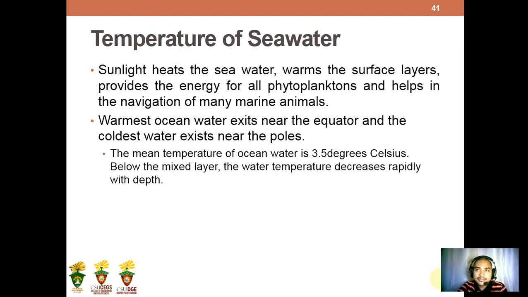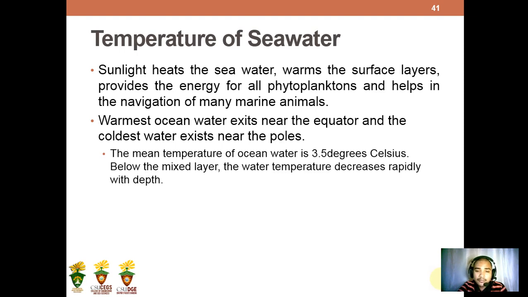Of course, as we were taught before by our science teachers, the sun is the source of energy. So therefore, if the sunlight hits the seawater, it will also provide energy to phytoplanktons and other marine animals.